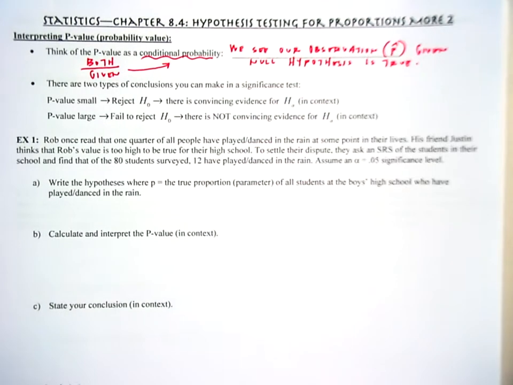Again, what's the likelihood that we're seeing our observation if we're working under the assumption that our null hypothesis, with that stated parameter as the mean, is true.